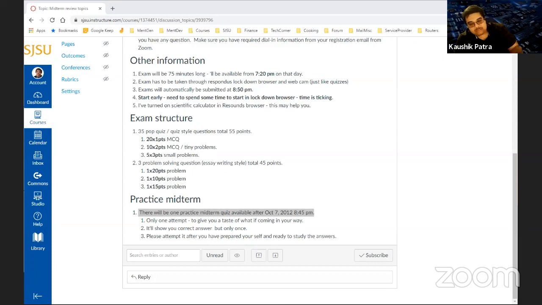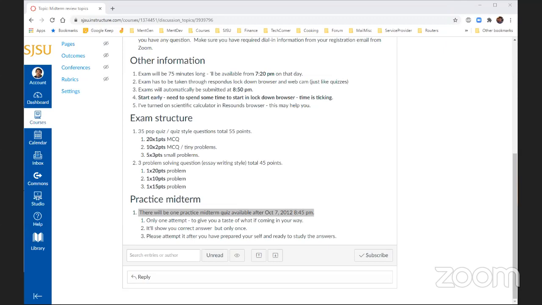But that's only my postulation that this is probably the way it works: you submit your quiz, it closes your lockdown browser, then you go to Canvas in the normal browser to look at your grade for that practice quiz, and then you can see the answer. Once you access it, the next time you visit there, you won't be able to see it. That's my best guess. Okay, thank you.